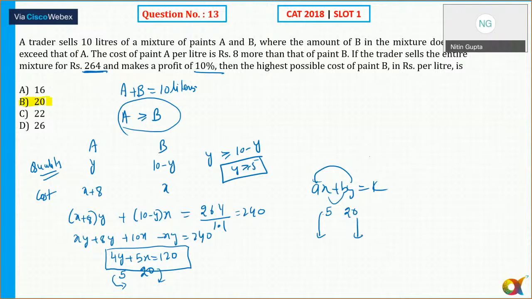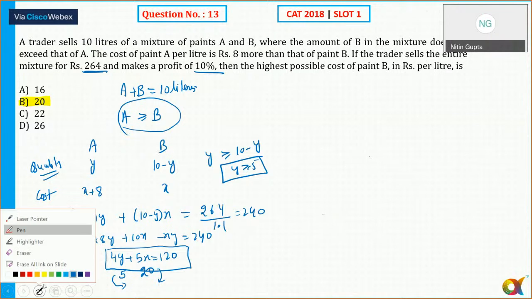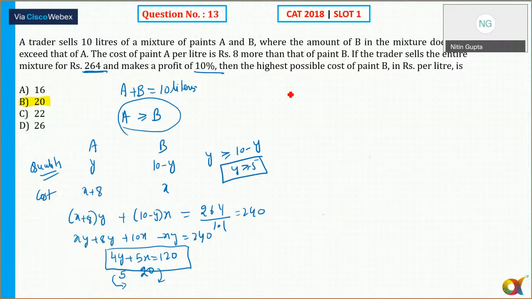All right, guys. Now, the second alternative method here, we can also do it by using the alligation rule. Just see how I can do it by the alligation rule. Now, what is happening in this case? What is the cost price of the mixture?